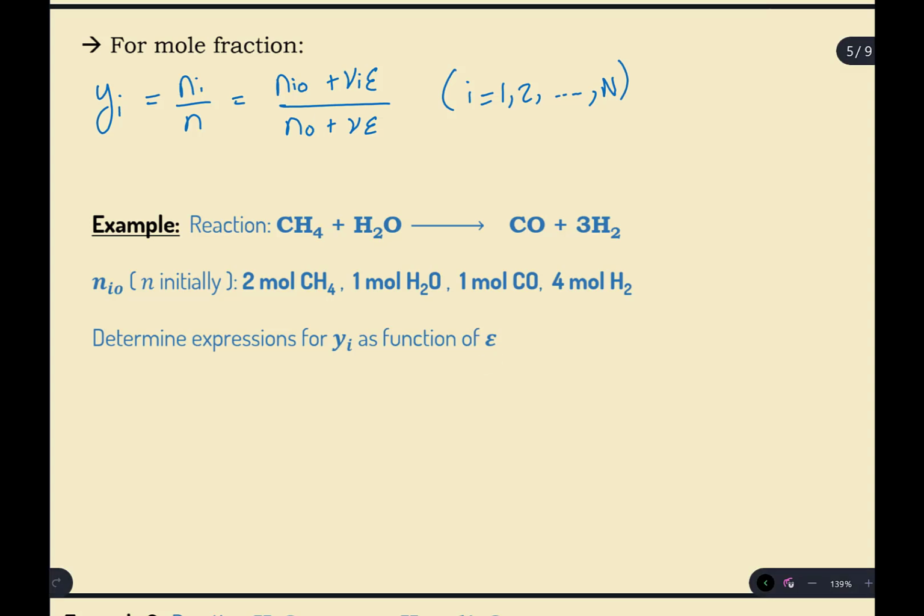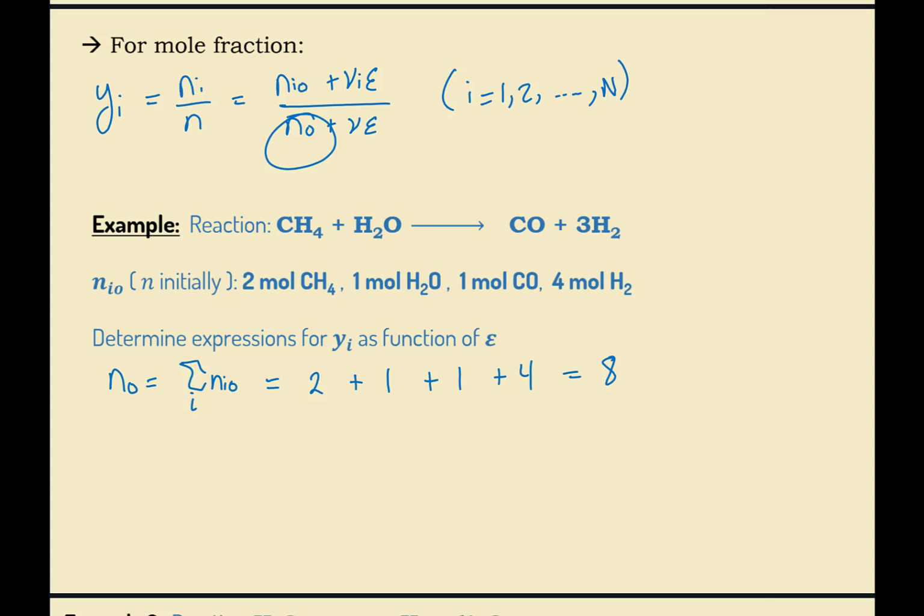In this case, n naught is going to equal to what? It's a summation of all initial number of moles. So it's going to be 2 moles plus 1 plus 1 plus 4. So we get 8.